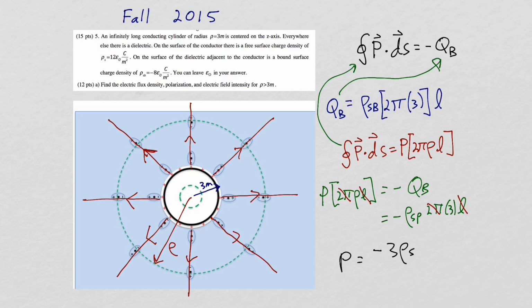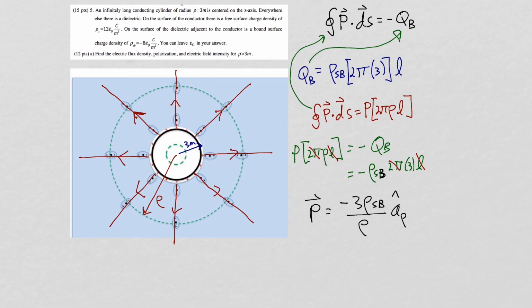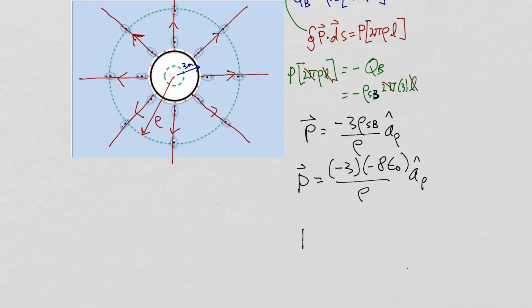This should be a B up here, over rho. And so it's only in the rho direction. So substituting for rho sub SB, we have minus 3 times minus 8 epsilon sub 0 over rho. Or finally, the polarization is equal to 24 epsilon sub 0 over rho in the rho direction.